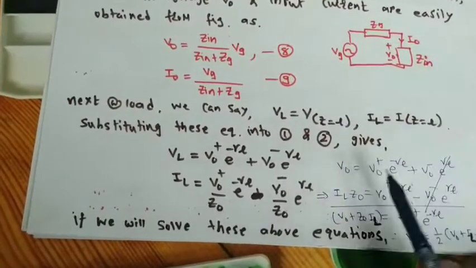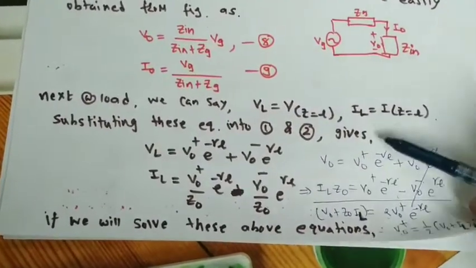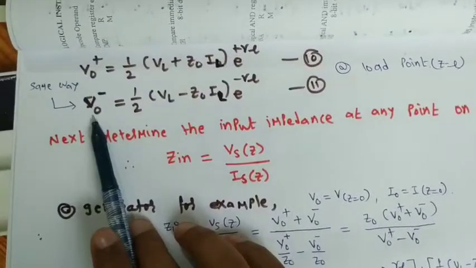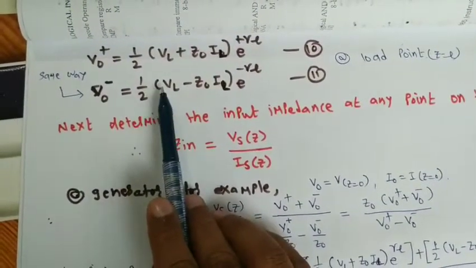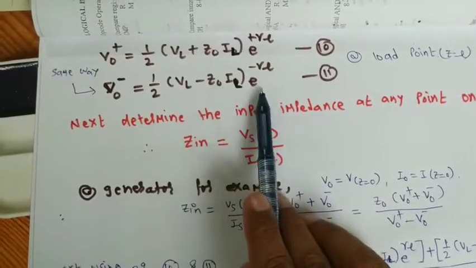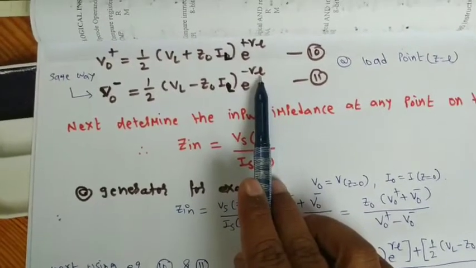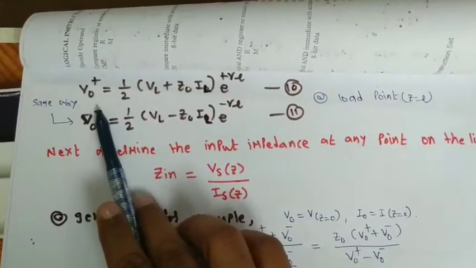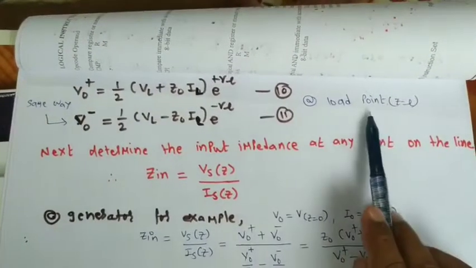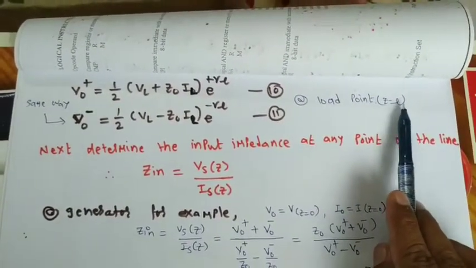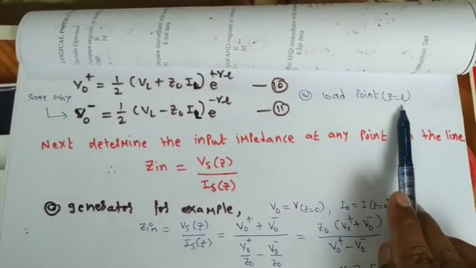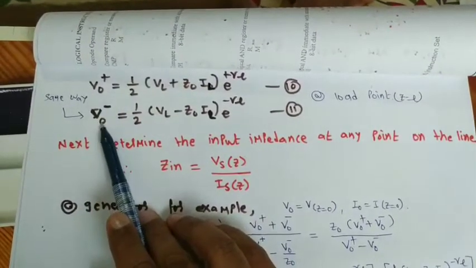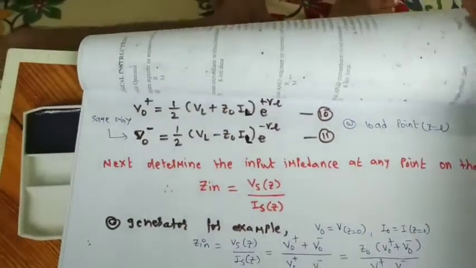If we solve in the same way, the final expression becomes V0 minus equal to 1 by 2 VL minus Z0 IL e raised to minus gamma L. Please take care that these two expressions give the voltage wave amplitudes at the point z equal to L, which is the load point. Earlier we calculated V0 plus and V0 minus at the source point, or generator point.